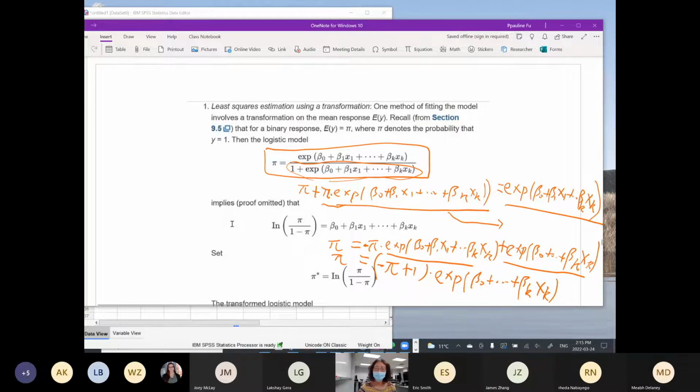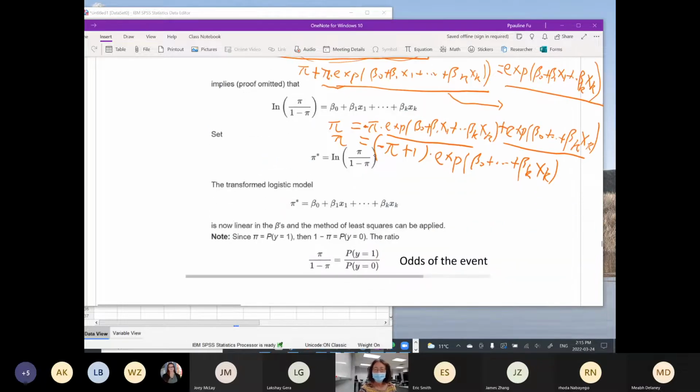Then I move negative pi plus 1 to the other side. I get pi over (negative pi plus 1) equal to exp(beta 0 plus ... plus beta k xk). And negative pi plus 1 is the same as 1 minus pi.